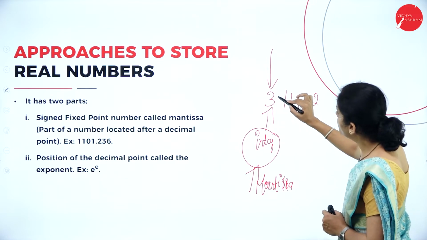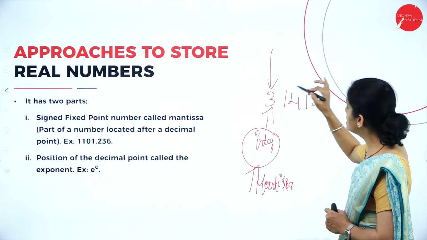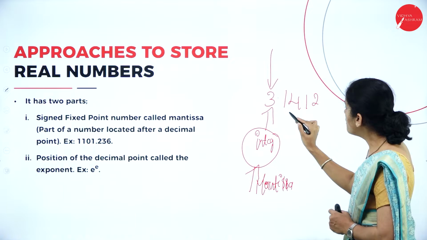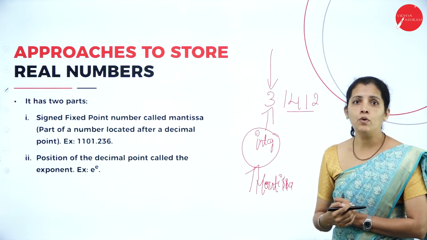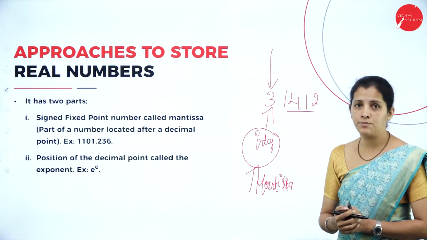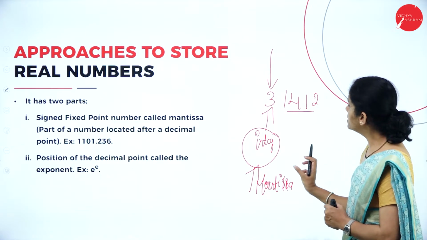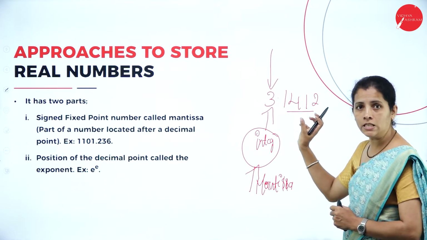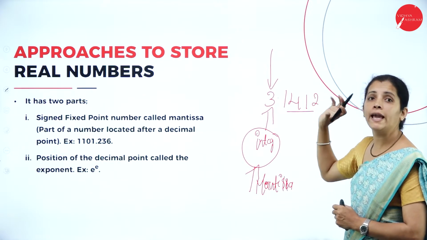Okay, then I'm going to have dot. This is the decimal dot. After that, I'm going to have the base. Then I'm going to have the exponent.